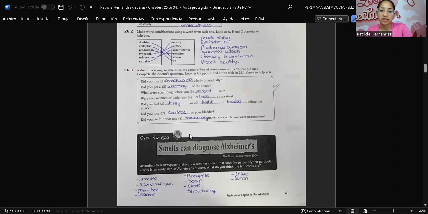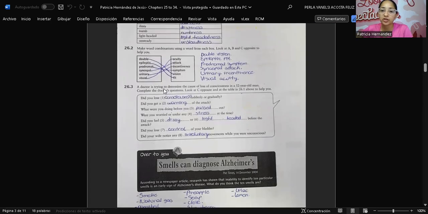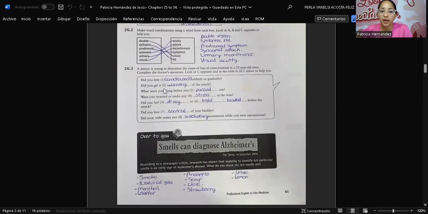26.3. A doctor is trying to determine the cause of loss of consciousness in a 52-year-old man. Complete the doctor's questions. Look at C opposite and at the table in 26.1 to help you. Did you lose consciousness suddenly or gradually? Did you get a warning of the attack?